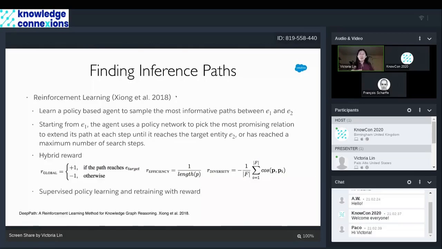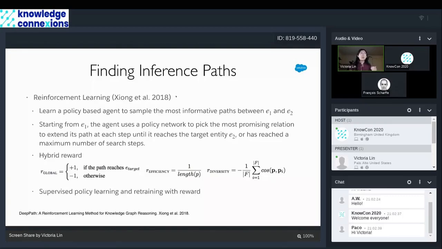We first use bidirectional beam search to find promising paths connecting two entities, and we use supervised learning to force the policy network to first be able to hit those paths found by the bidirectional beam search. And later we retrain the policy network with the reinforcement learning framework. And this method can help the agent learn better.